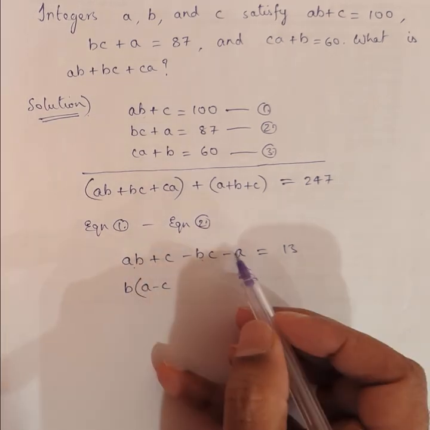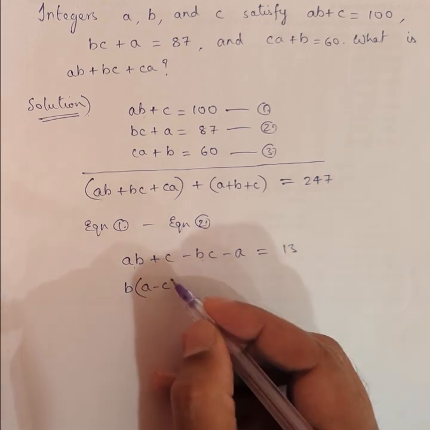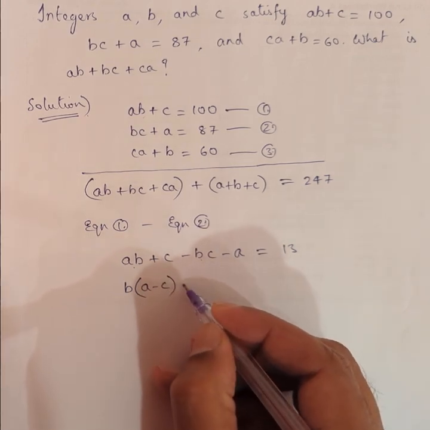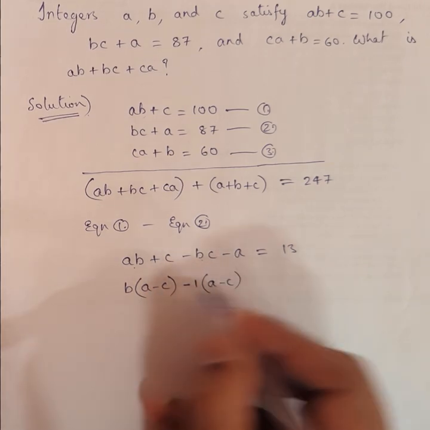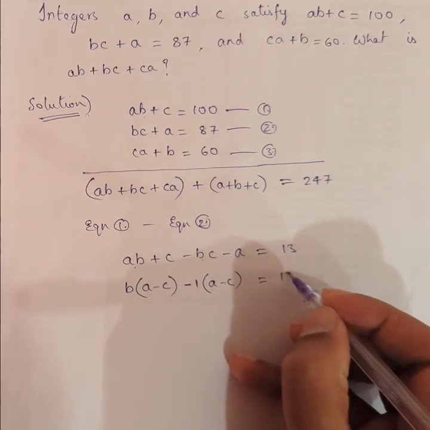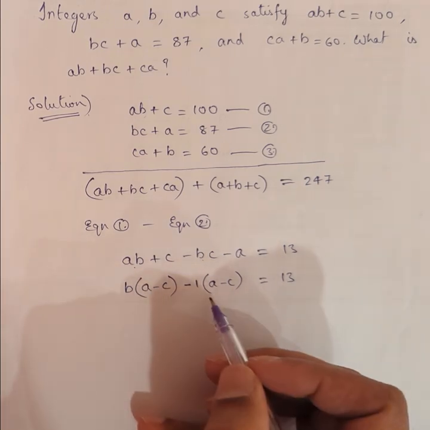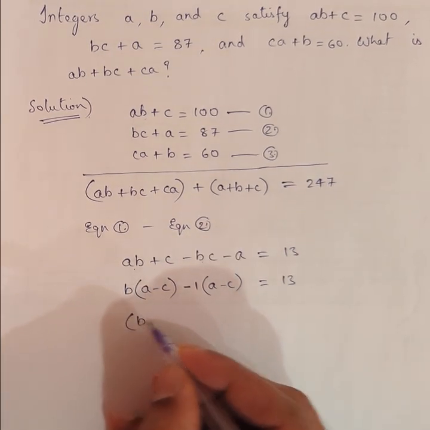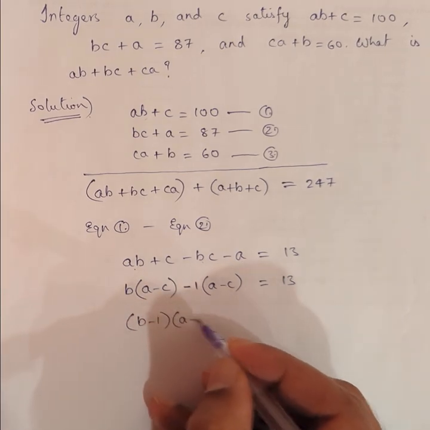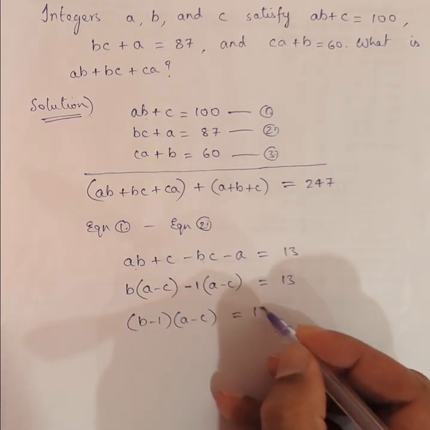And notice the other two terms are c minus a. So let me write that as -1 times a minus c, because I want to be able to factor the left side. So now what I have is b minus 1 times a minus c is equal to 13.